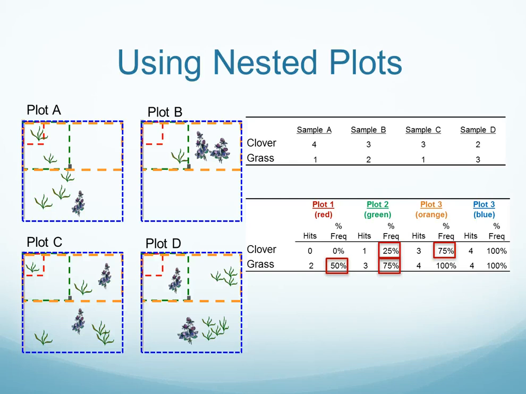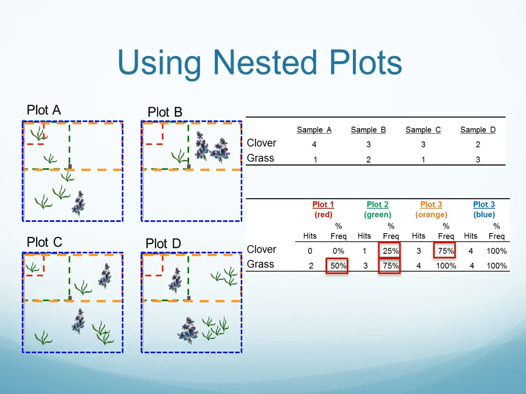So for clover, plot sizes 2 and 3 give us acceptable estimates of frequency at 25 and 75%. For grass, plot sizes 1 and 2 give us estimates in the reasonable range.